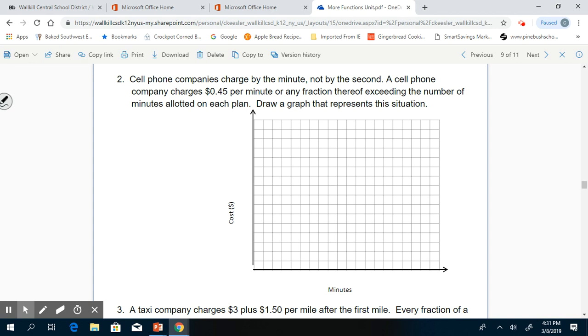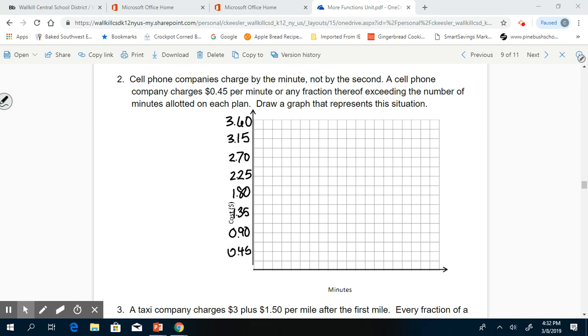We know that it's in 45-cent intervals, so we could do 45, 90, 135, increasing by 45 each time, 180, 225, 270, then 315, and 360.